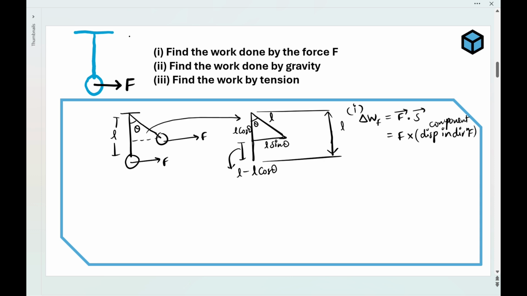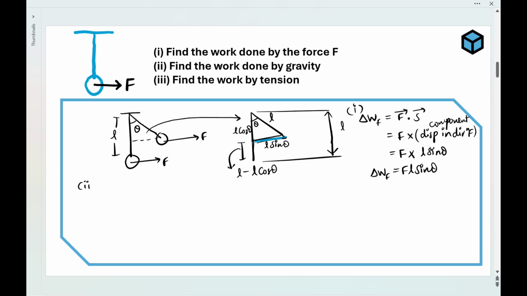I have told you in the concept, since the force is horizontal, F into the component of displacement in the horizontal direction. So the horizontal displacement is just L sin theta, as you can see over here. So we can write F into L sin theta. So that's all. F L sin theta is the total work done by the constant force F.